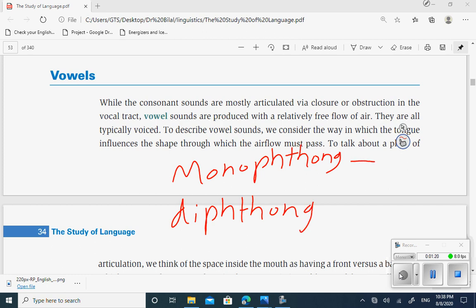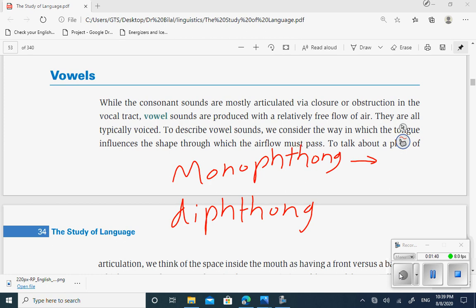Now, monophthong means a pure vowel in which your tongue remains in its position during the production of the vowel, like when you say a vowel like E, for example, or A. Those vowels are known as monophthongs.